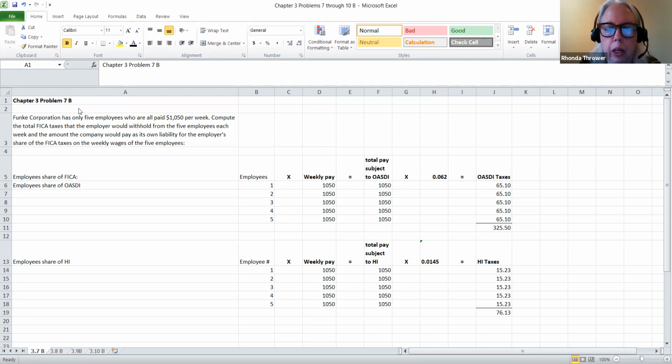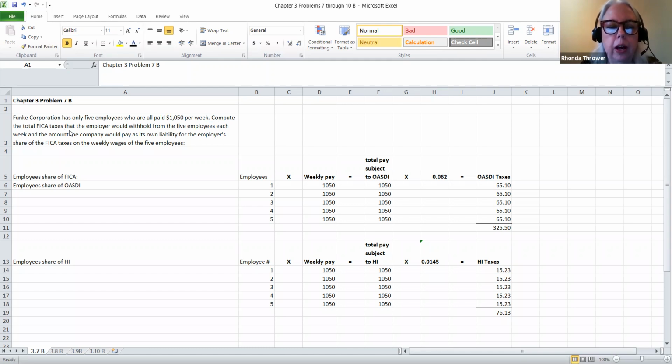What we're going to do in Chapter 3 is calculate the FICA taxes, which consist of both OASDI taxes and HI taxes. We're going to be the Funk Corporation, and we have only 5 employees who are paid $1,050 per week.